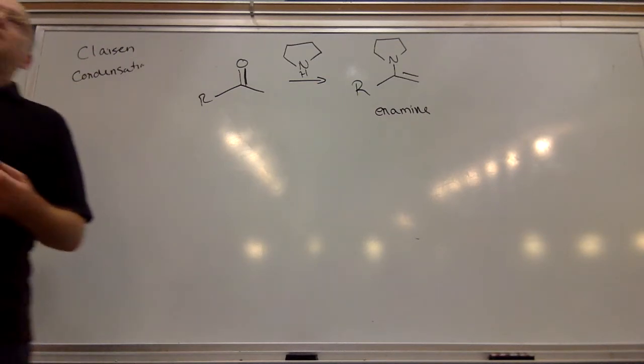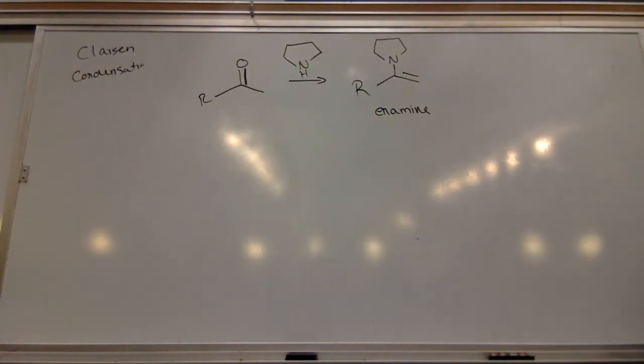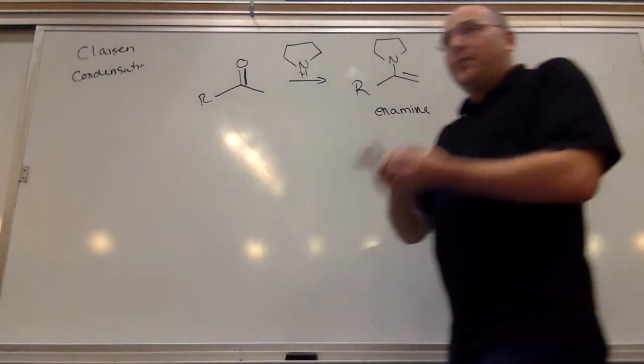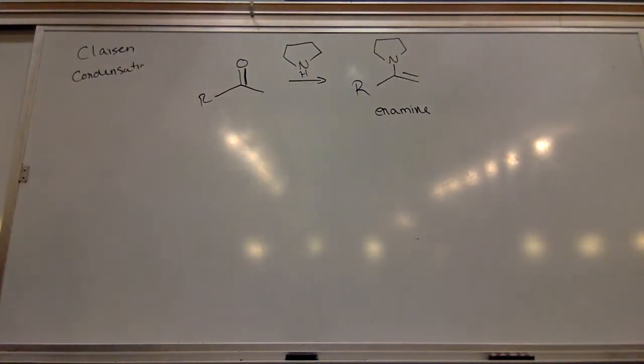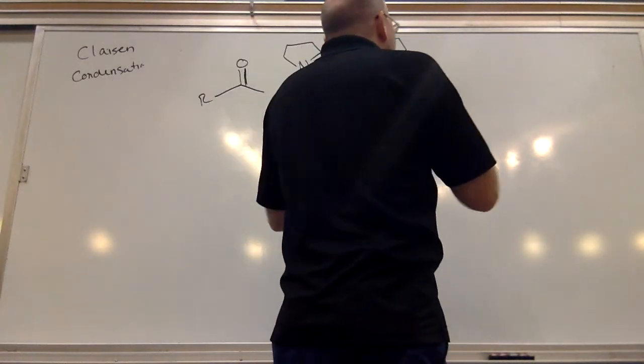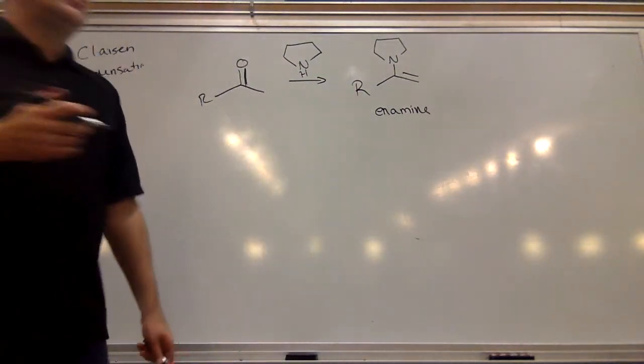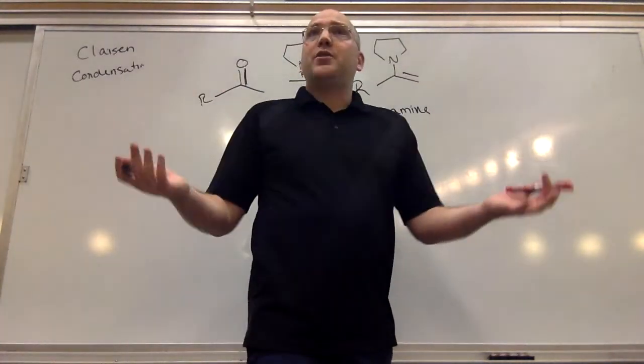The other difference is that nitrogen is a better donor than oxygen. Nitrogen is more likely to be able to take on a positive charge than oxygen. And so for these same reasons, enamines are commonly used to facilitate aldol chemistry and electrophilic chemistry as well.